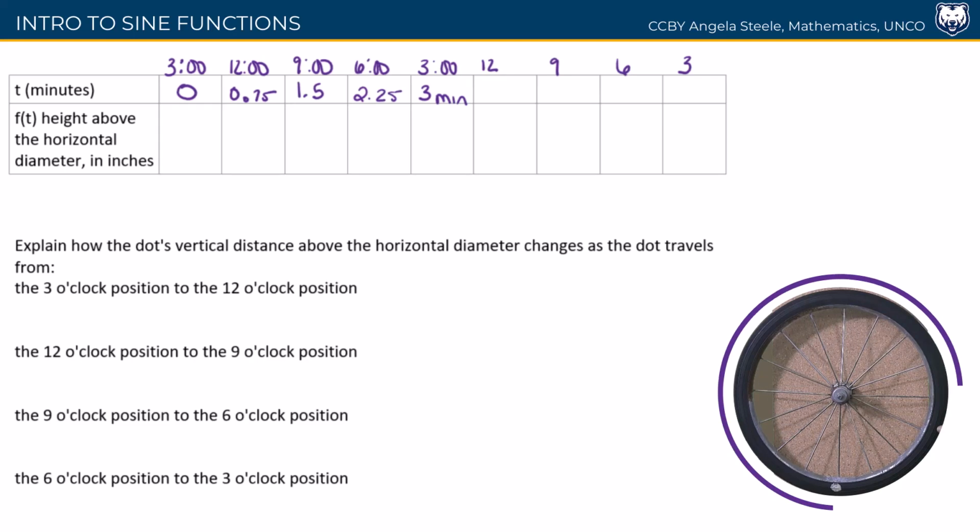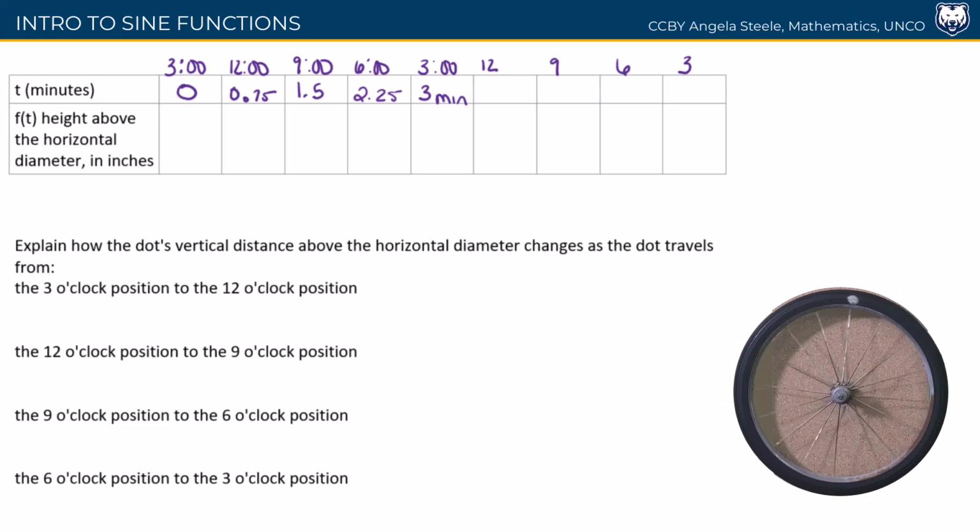And then we're back to the 3 o'clock position, and then we just keep going around. It's another 0.75 minutes to get to the 12 o'clock position, another 0.75, another 0.75, and then another 0.75. So this gives us 2 full rotations on that tire.